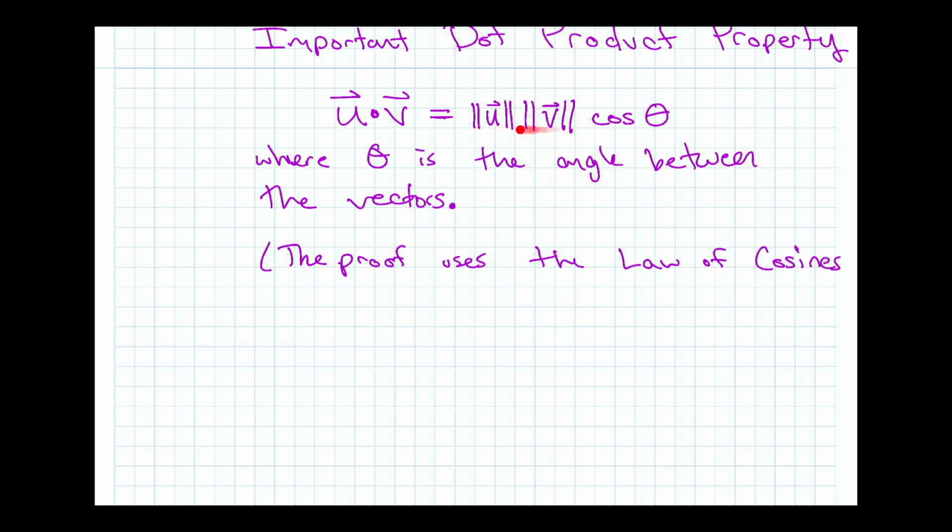That's what these are from. They're the sides of a triangle. And the sides of the triangle are related to the cosine of an angle. And when you write it with the law of cosines, then that's where it comes from. But the proof uses the law of cosines plus some algebra. It's in the book if you want it.